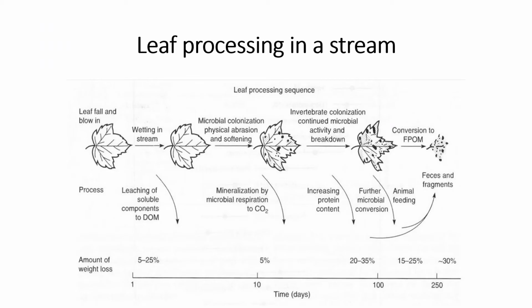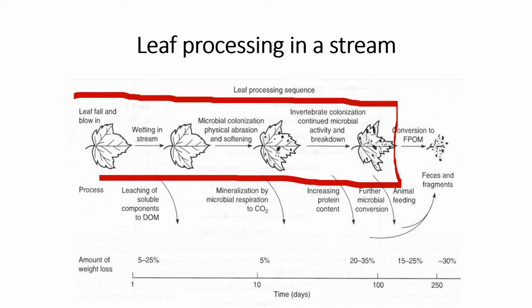All right, so let's talk a little bit about what I mean by things like coarse particulate, fine particulate, dissolved inorganic. All of what you see here, well, let me highlight it. All of what you see here could probably be described as coarse particulate, okay? Leaves getting broken down into other material, so very large items that are easily visible with your eye.